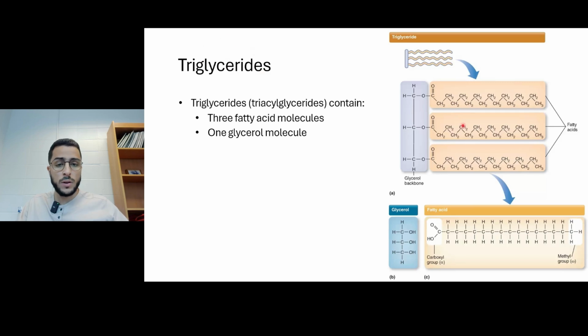And these triglycerides are non-polar molecules that are composed of four things. A glycerol backbone, which is a 3-carbon molecule that is bound by 3 fatty acid chains. And these fatty acid chains are composed of carbons, oxygens, and hydrogens.